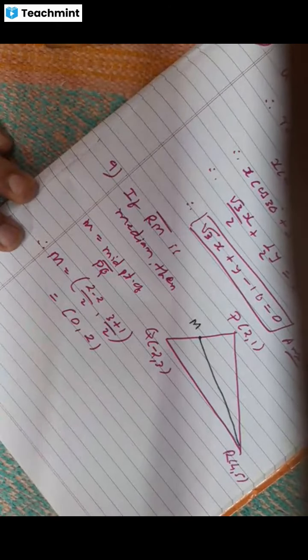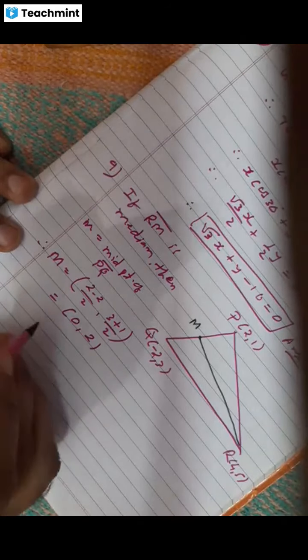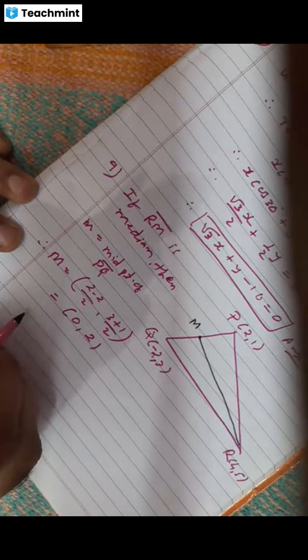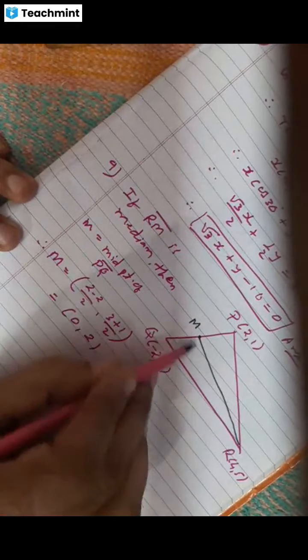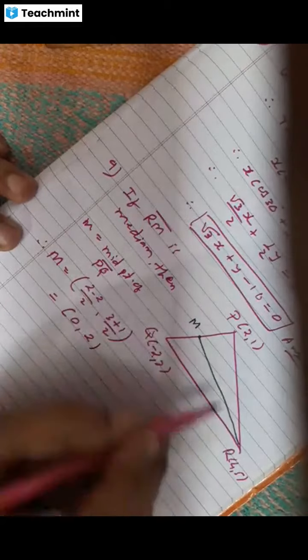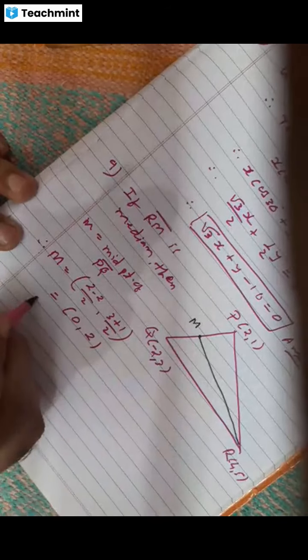What is the question again? Read it: find the equation of the median through the vertex R. So what is required? क्या पूछा है हमको यहाँ पे? They asked to find the line MR. Median का equation पूछा हुआ. This one. Okay, right?